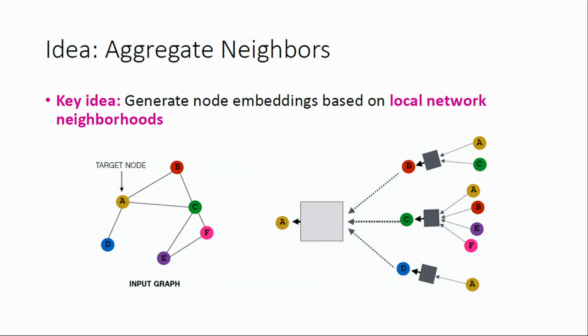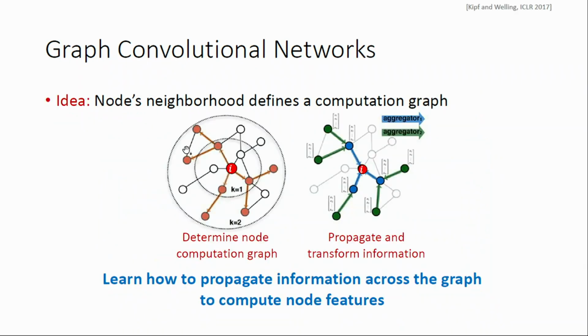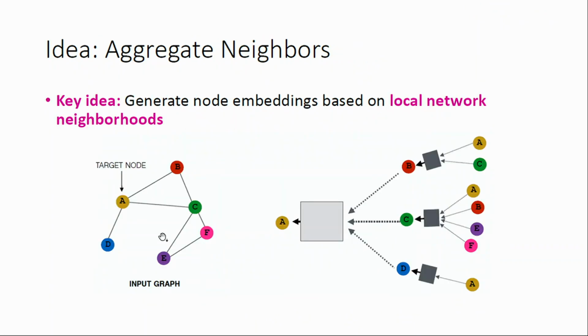So take a concrete example of what I mean by aggregating neighbors and propagating along the graph, and how we determine the computation graph. Assume that we have a target node A here, and the goal is to learn the embedding for A. We want to make use of all the information around A and try to differentiate different patterns if A is connected to different nodes.